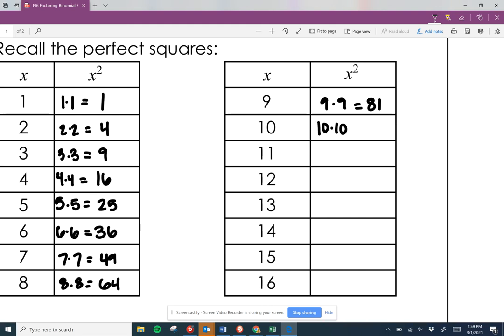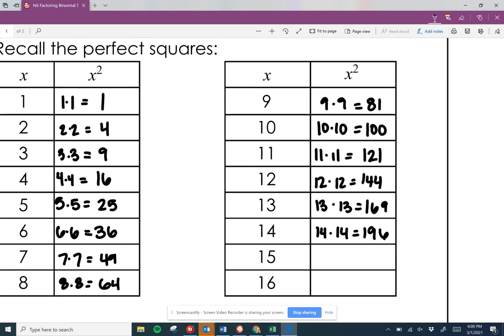10 times 10 is 100. 11 times 11 is 121. 12 times 12 is 144. 13 times 13, let me see, is 169. 14 times 14 is 196. 15 times 15 is 225.